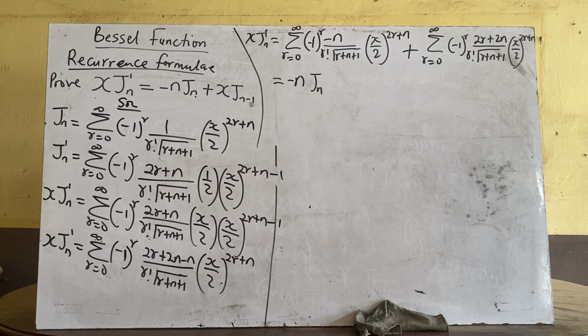So to get that one, what do we do to get that now? Okay, let me see what we have here. I have minus n. Okay, so what else do we do?